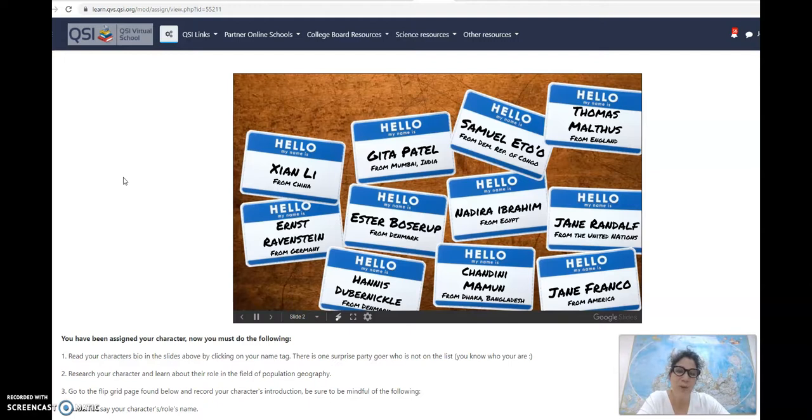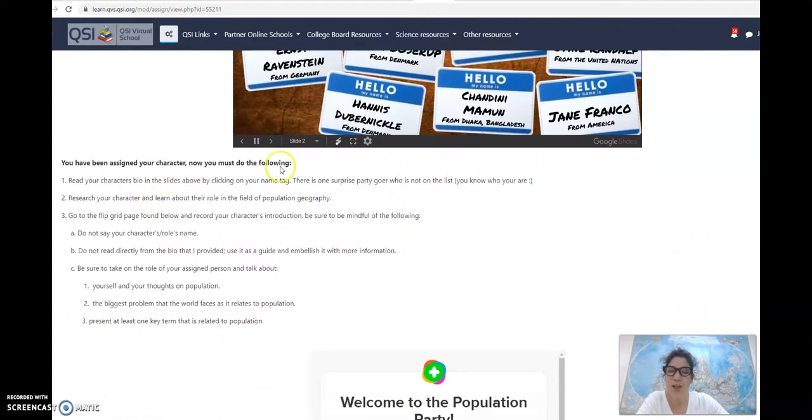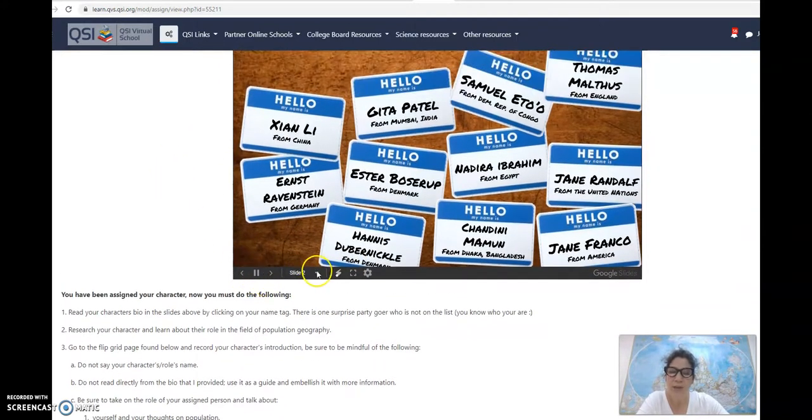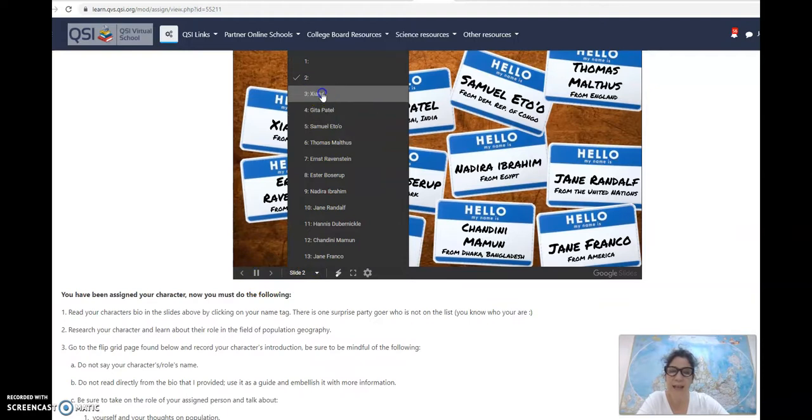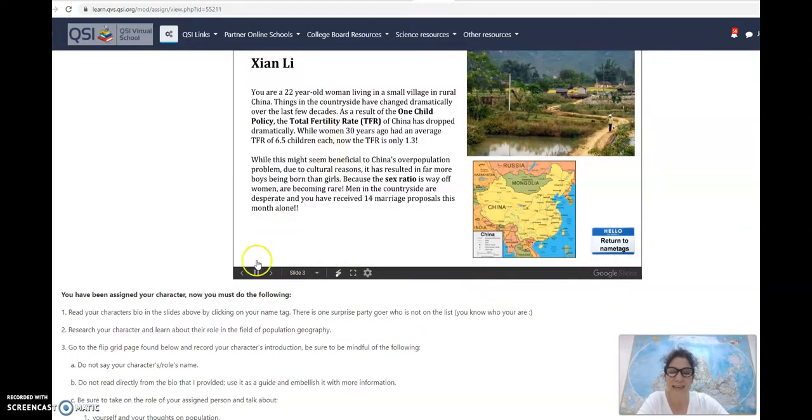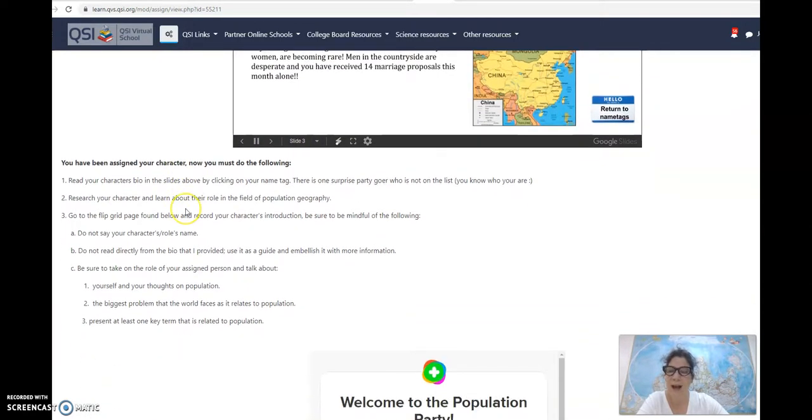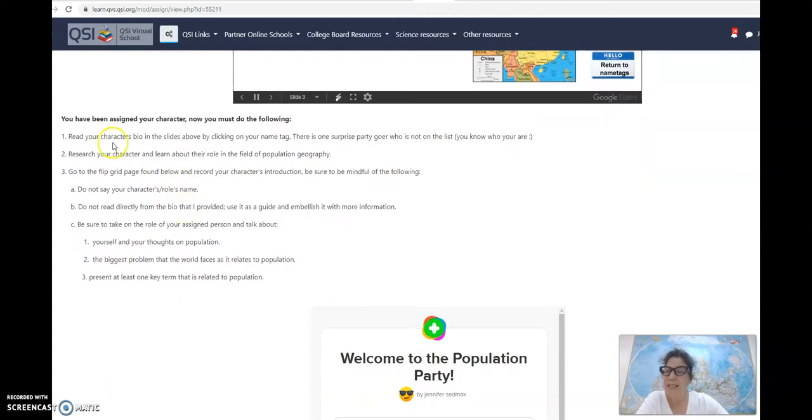Now, each of your classmates will be assigned one of these persons. When you get your assignment, you can look through the rest of these slides because there's little details about each of the persons on the different slides. You need to read your character's bio. You need to research your character and learn about their role within the field of geography. You're going to go to Flipgrid. So I will give you the link to go to Flipgrid.